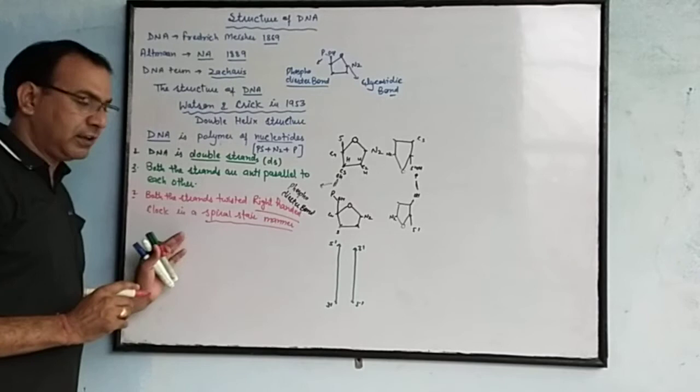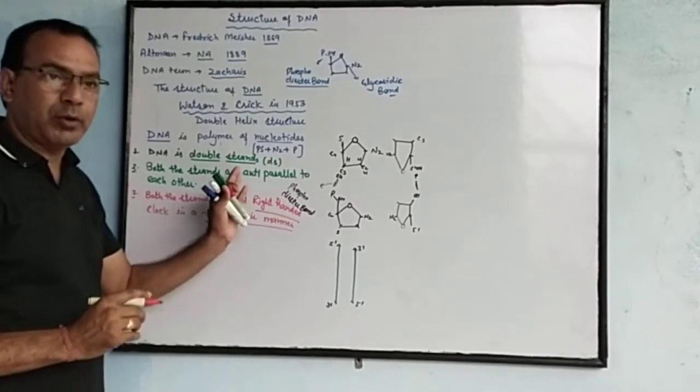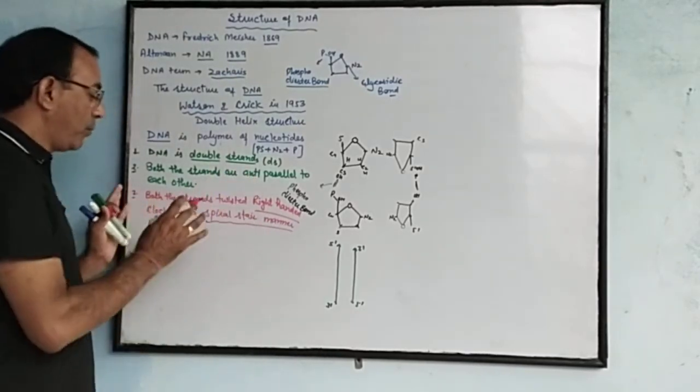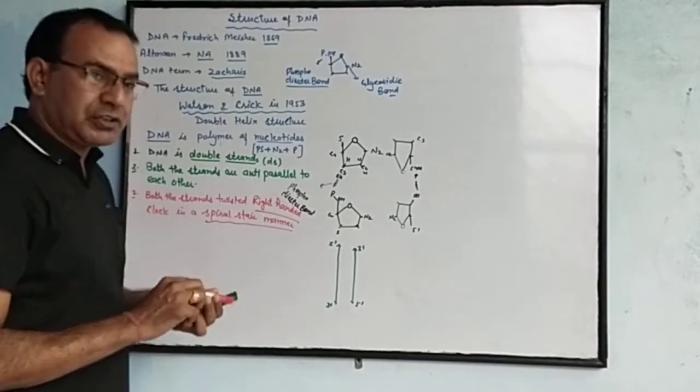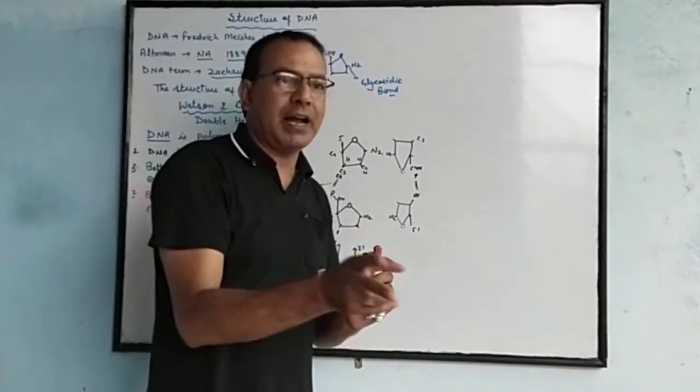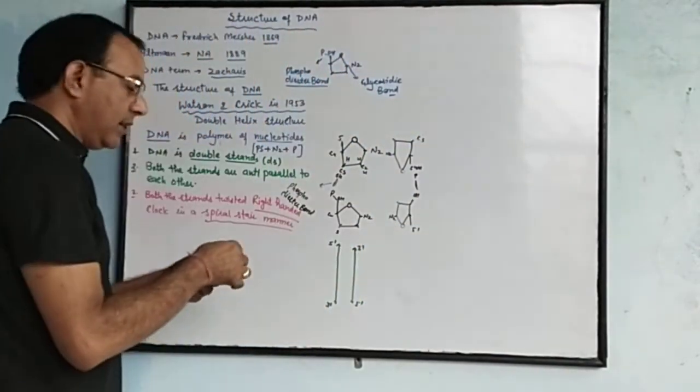They have two strands, and though both the strands are anti-polarity or anti-parallel to each other, both strands are twisted clockwise, meaning right-handed, in a spiral stair manner.